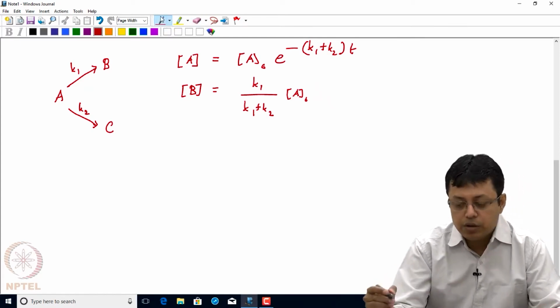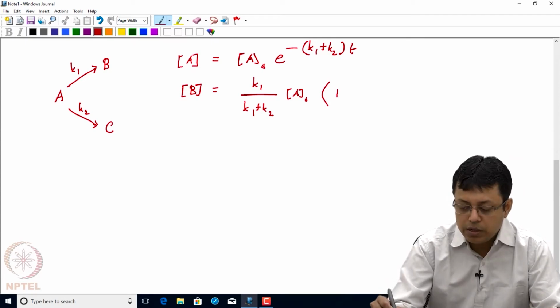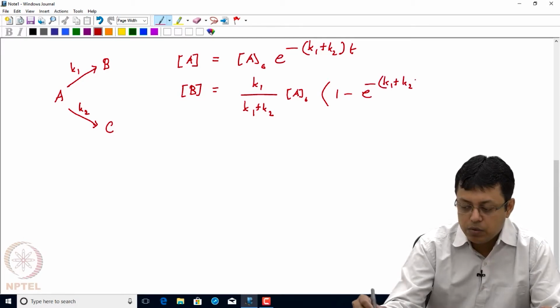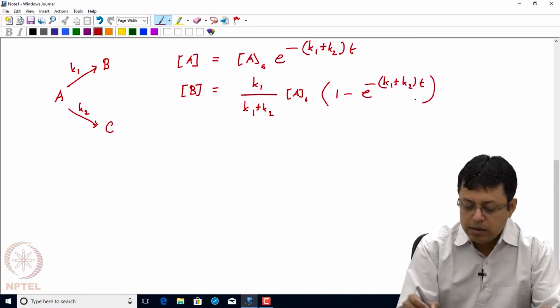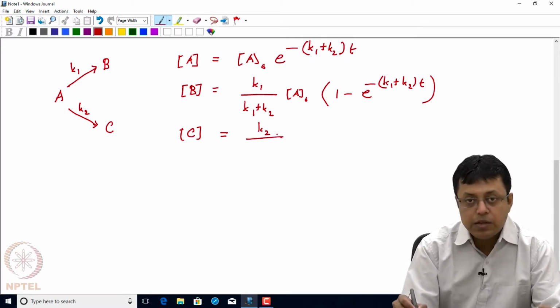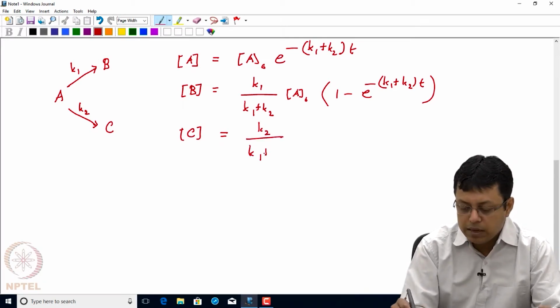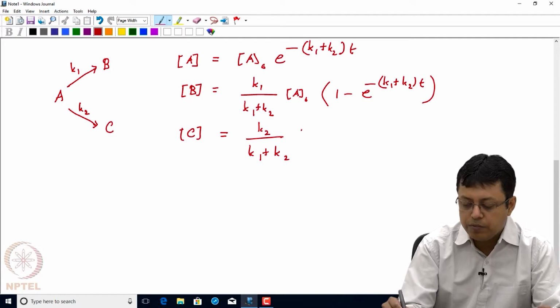So any exponential growth we can show like 1 minus e to the power minus (k1 plus k2) into t, and similarly the concentration of C will vary.